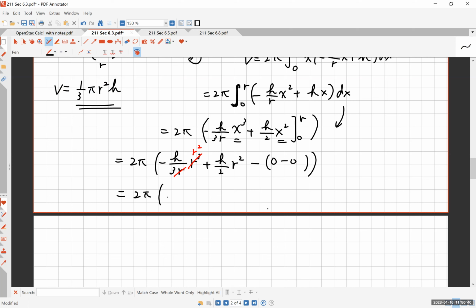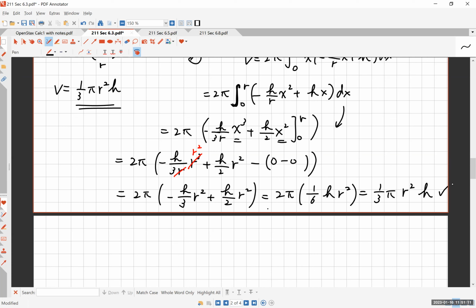So 2 pi times negative h over 3 r squared plus h over 2 r squared. And when you do this, it's basically 1/2 minus 1/3, which is 1/6 of h r squared. And of course, this is 1/3 pi r squared h, as you expect.